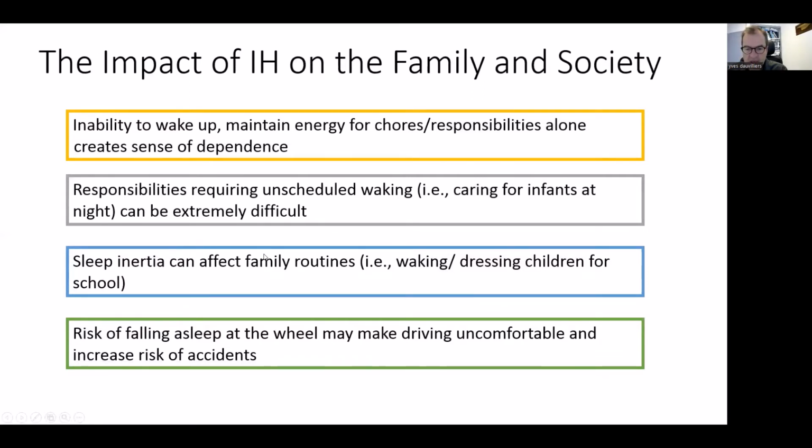Sleep inertia can also affect the routine of taking care of yourself, but also your kids. And the risk of falling asleep at the wheel may make driving very risky. So there are a lot of consequences, not just on the patient himself, but on the family, the society and the work.